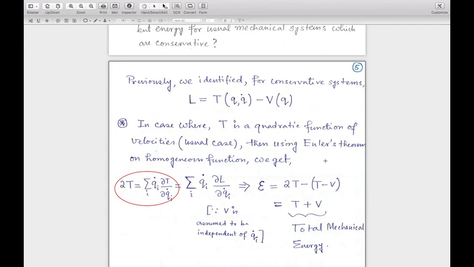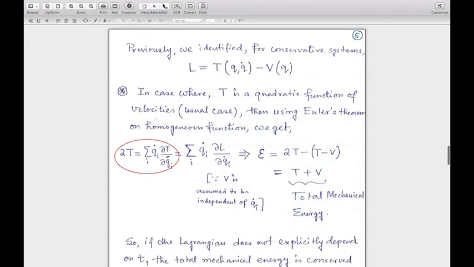So actually in Euler's theorem we say that if f is a homogeneous function of order n of all y1, y2, up to yn, then the summation over i of y_i ∂f/∂y_i is equal to nf. That is the theorem. You can check. Okay.